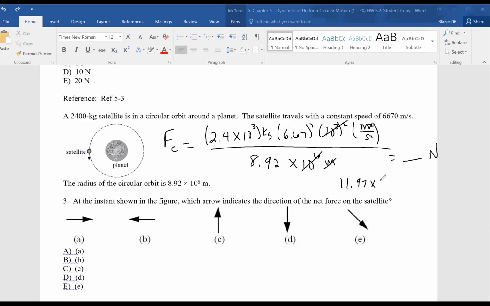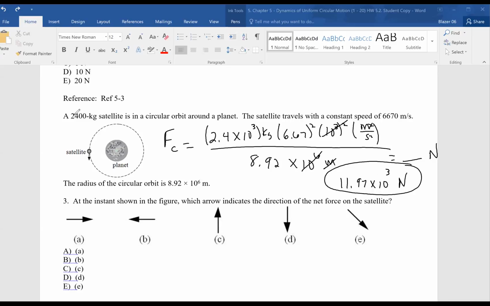When I do all that, I get 11.97 times 10 to the third. And of course, my units are newtons. So this is what I get when I solve the problem. Now I've got to decide how to write this. I've got to write this in scientific notation with 2 significant digits, because my smallest number here has 2.